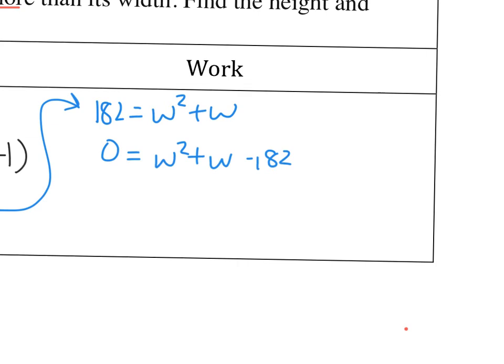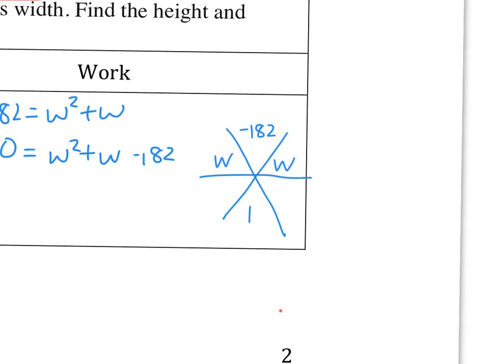Now I can factor, and again, it doesn't matter which side the 0 is on. So I'm going to factor this. I'm going to put a negative 182 on the top there, a positive 1 on the bottom, and a 1W on the flanks.